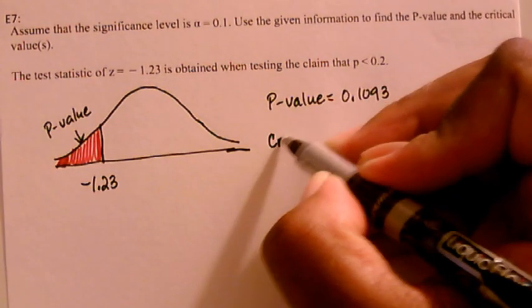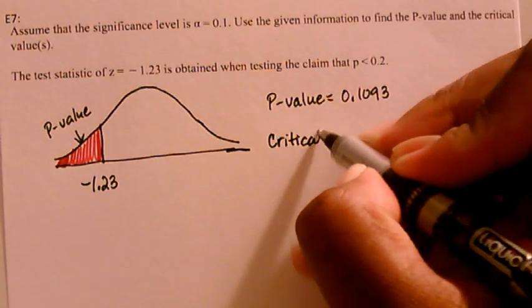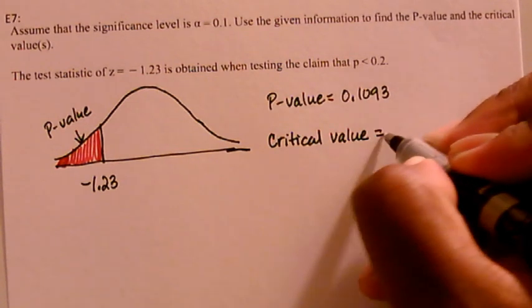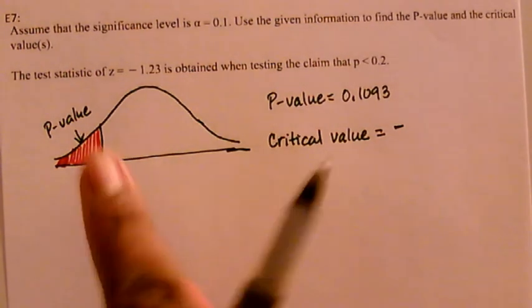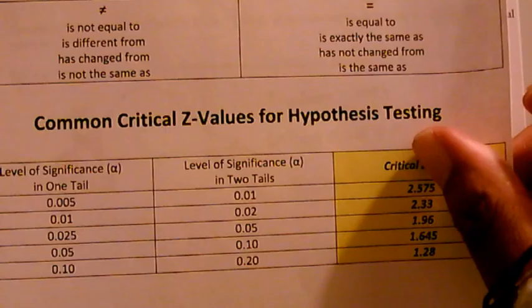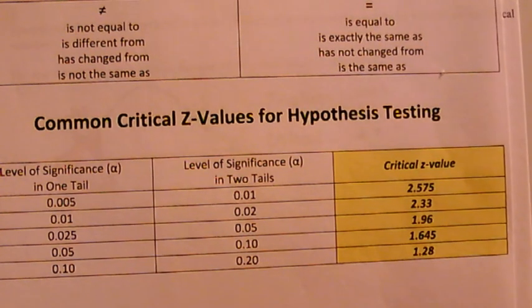Now we need the critical value. Okay, now the critical value is negative because it is a left tail test. And that's where we use this table right here, the common critical z-values for a hypothesis test.